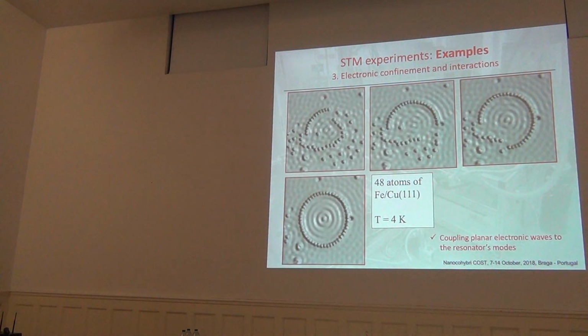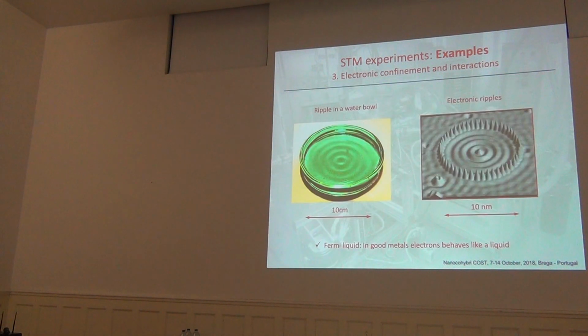If you cool down the system, of course, you can get these very nice images obtained by manipulation of individual atoms in Don Eigler's group in IBM. And then you couple your planar waves to proper modes of these resonators, and you can strongly amplify them. Okay?